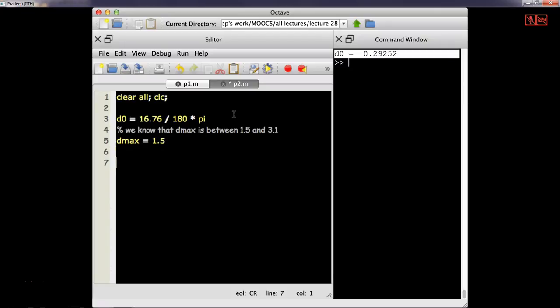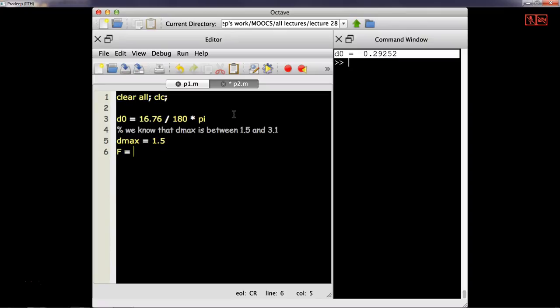Then I'll calculate the function value, f of Dmax.